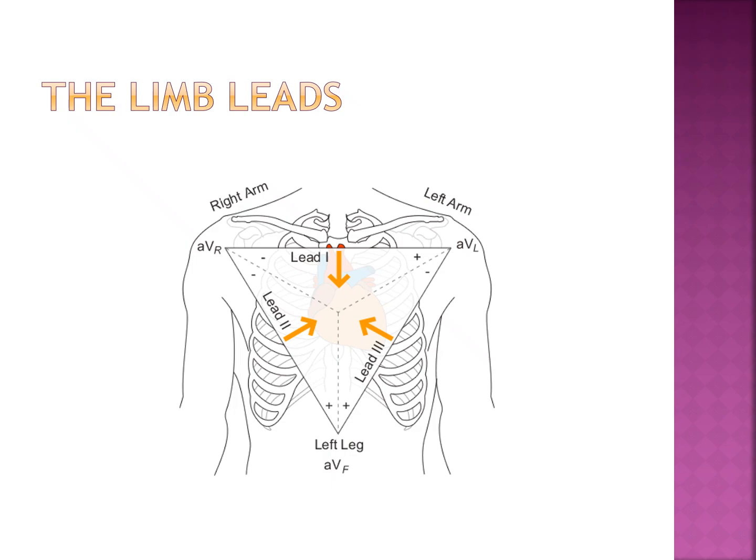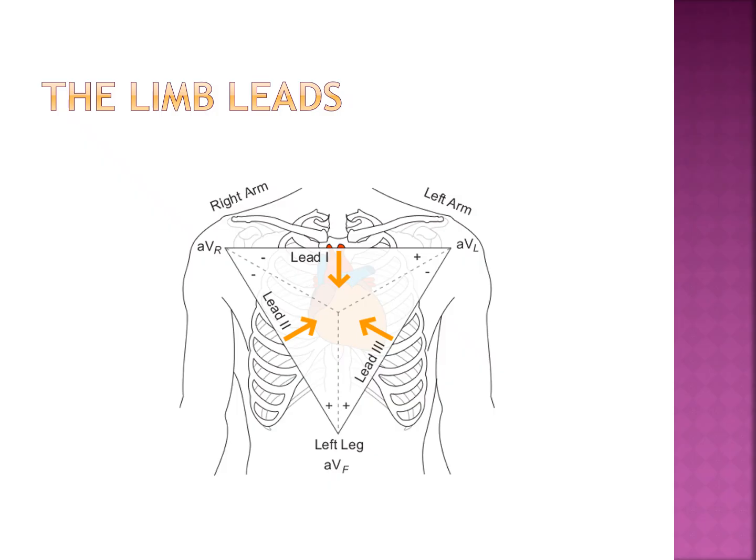So now let's look at the limb leads. If you remember, the limb leads are bipolar, so we have a positive side and a negative side. The right arm is always negative unless it's AVR that you're looking at.